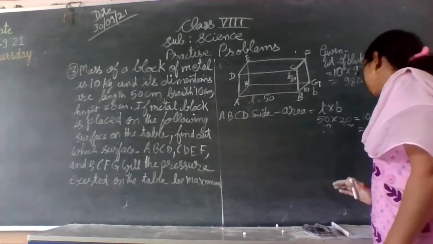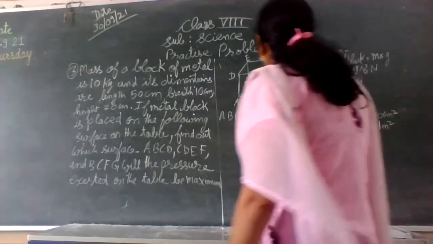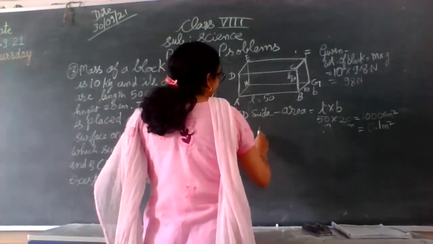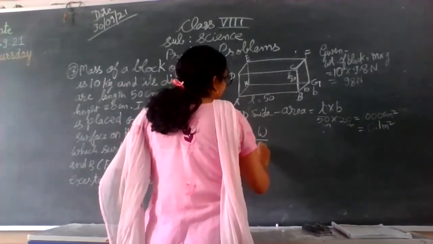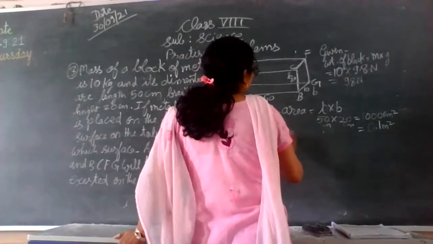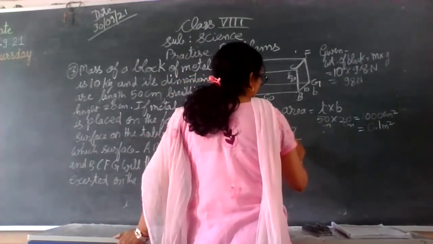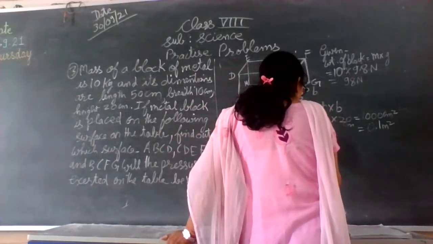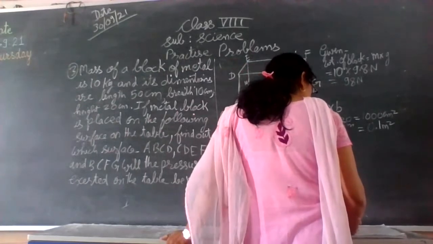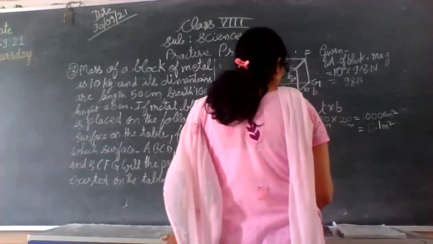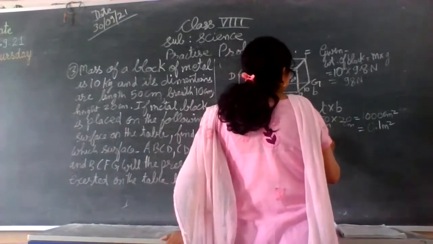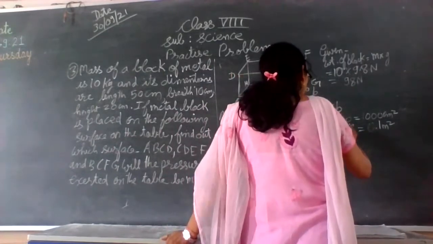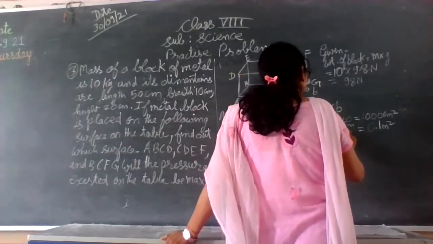Now, if I want to find out the pressure that will be created by the ABCD side of this block, pressure is equal to weight upon area. That will come up to 98 divided by 0.1, which will be again coming up to 980 Newton per meter square.